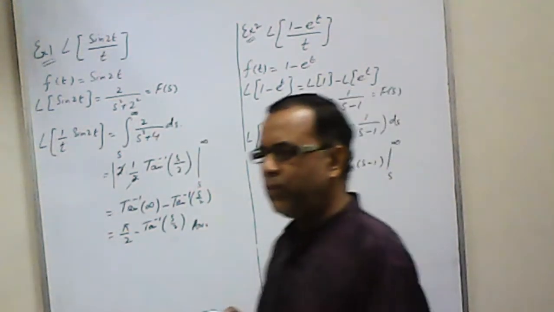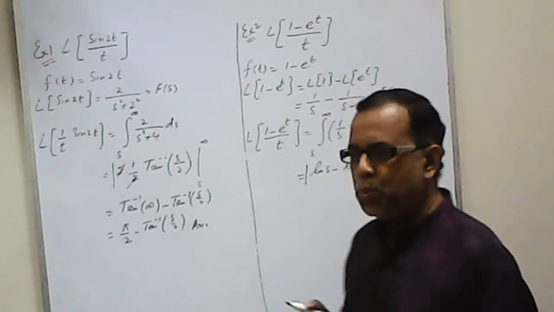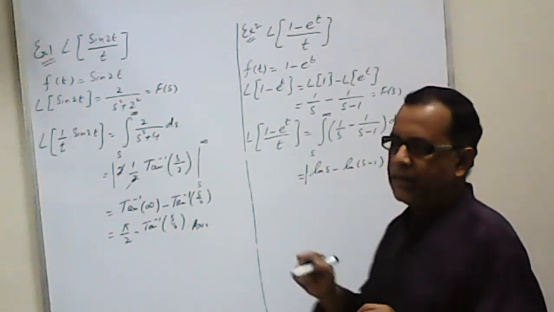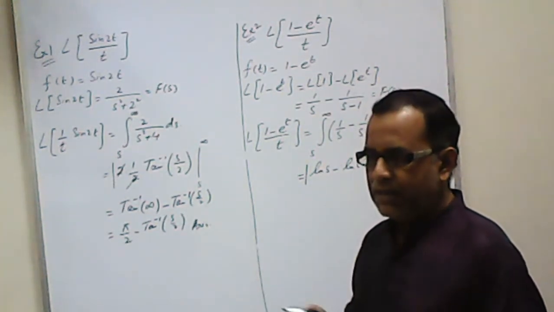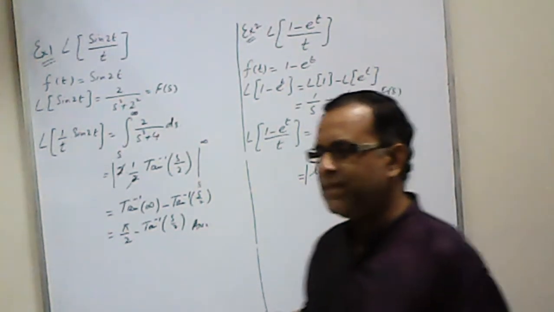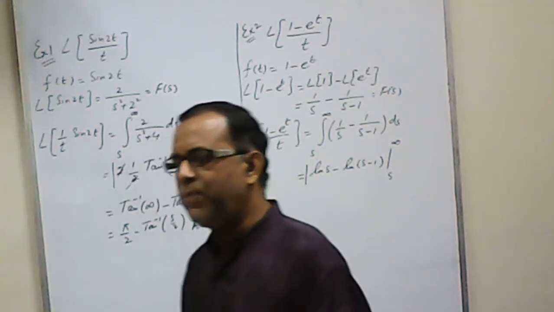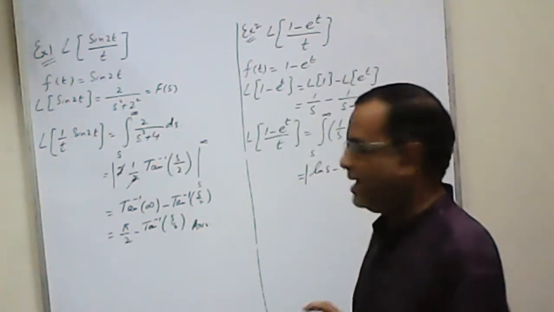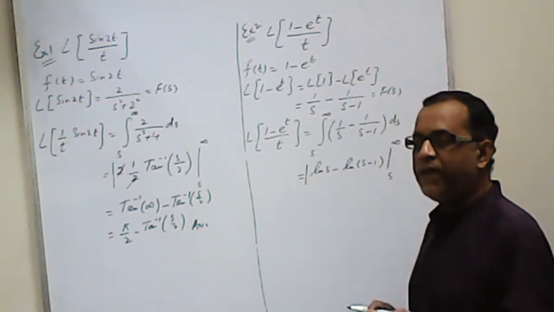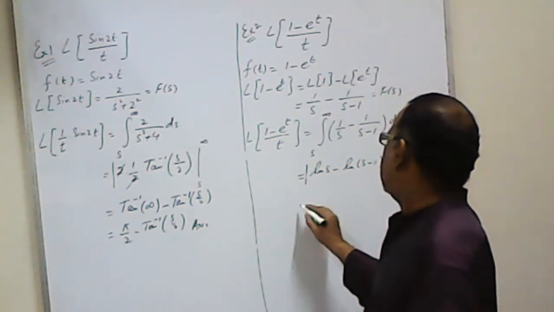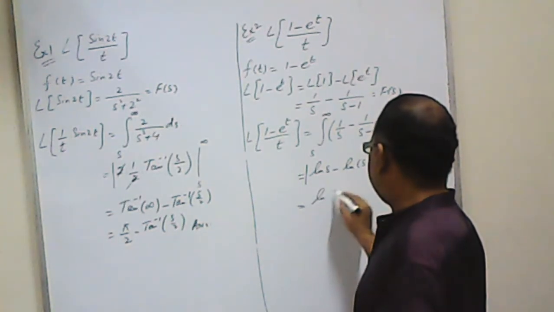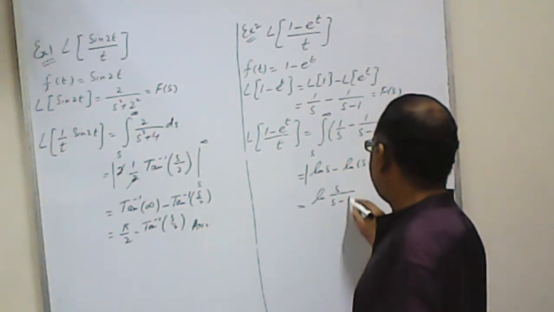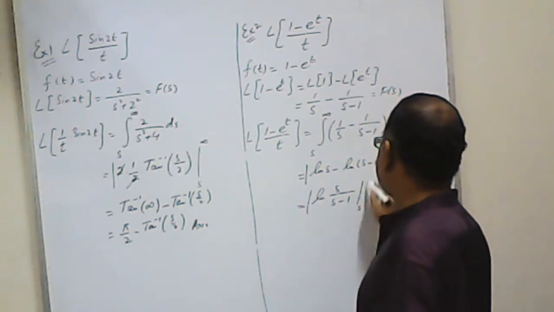For this, what we generally do is try to switch the values of s into the denominator. When s is in the denominator and you substitute infinity in place of s, then 1 over infinity becomes 0. So if I apply the property of log, it becomes log of s upon s minus 1, and then s to infinity.